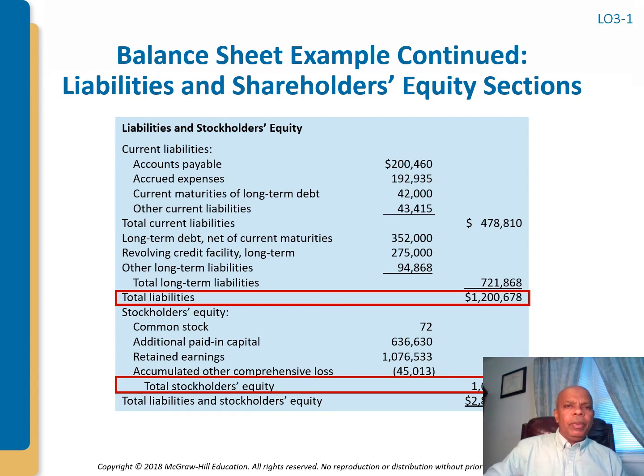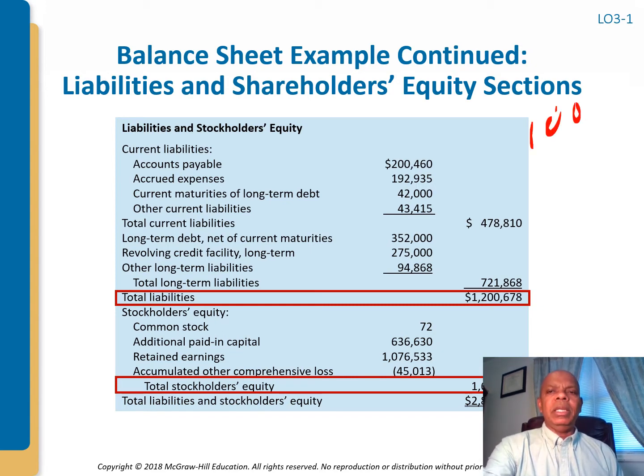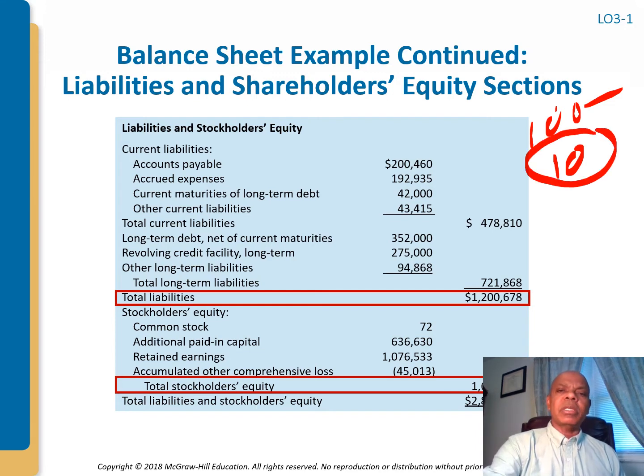Now, when you say the current maturity of long-term debt, supposing you borrow $100 million, and you have to pay in 10 installments. What does that mean? Next year, you pay 10 million of that, right? Since it's within a year that you have to pay, that 10 million becomes the current portion of long-term debt.